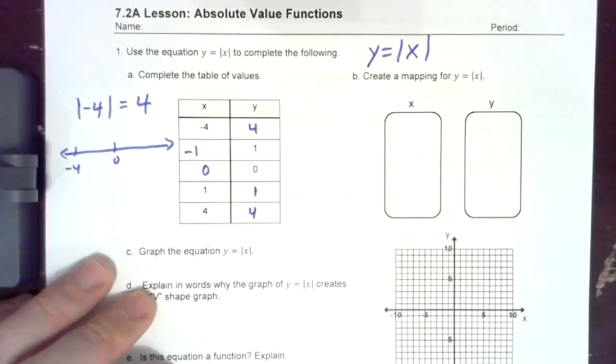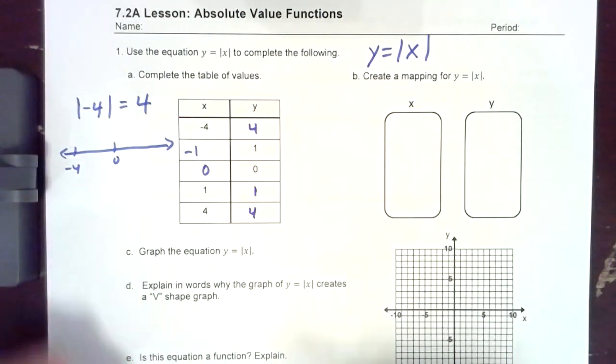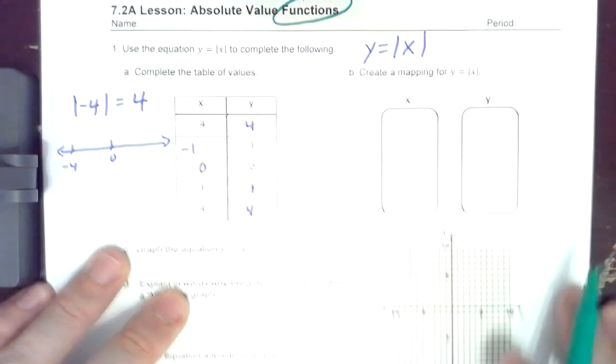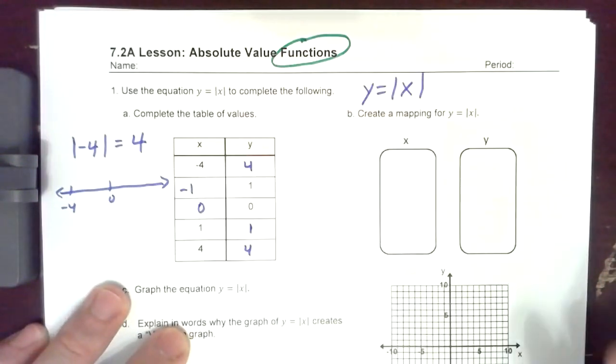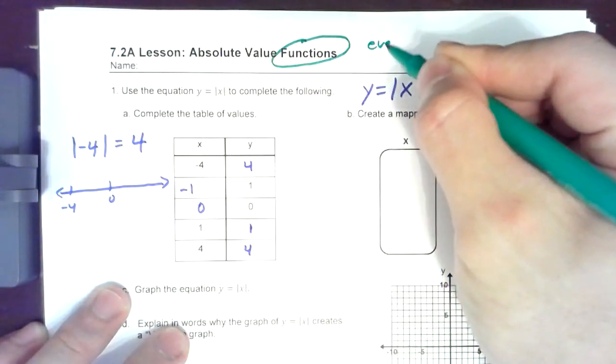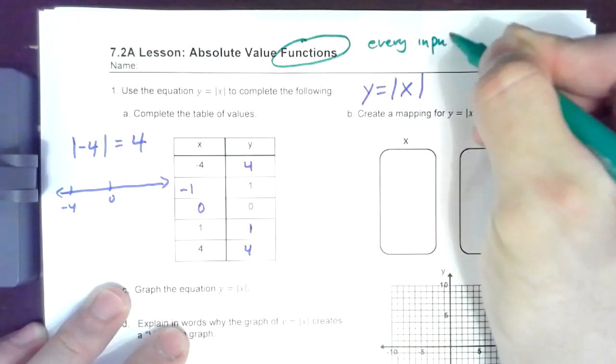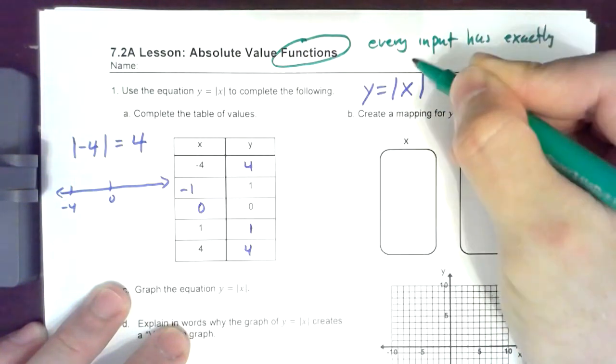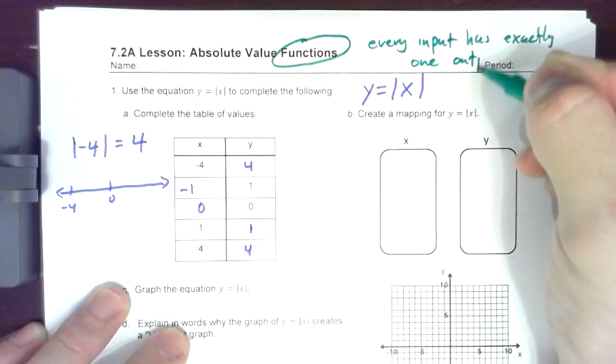Now, it's important that we realize and we understand that absolute value functions still follow the important rule where every input has exactly one output, right?